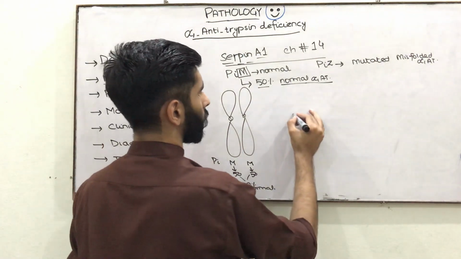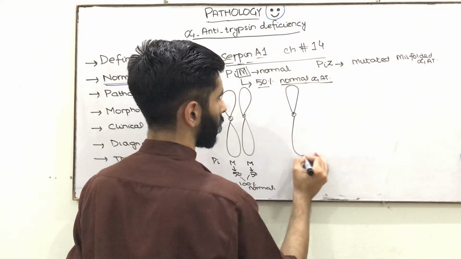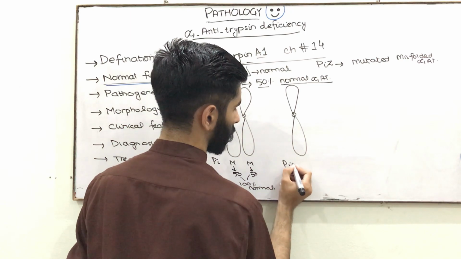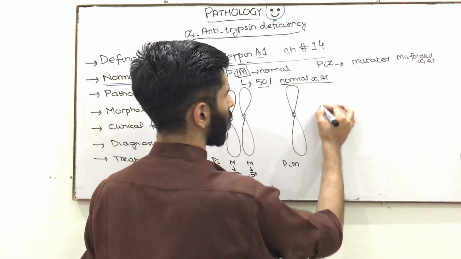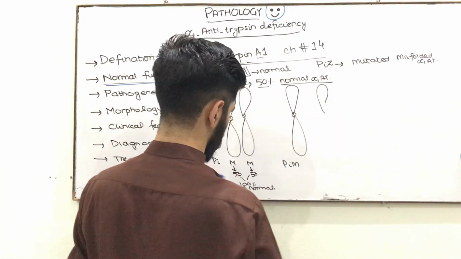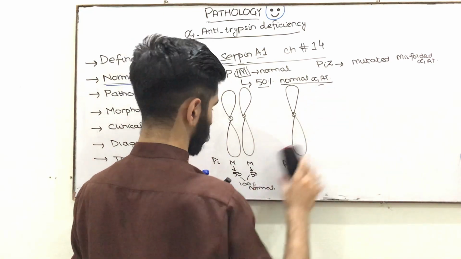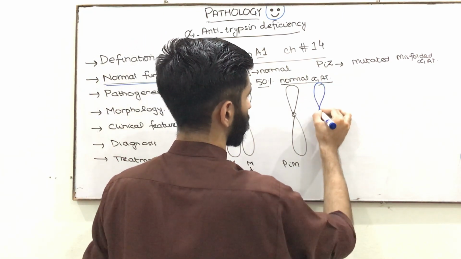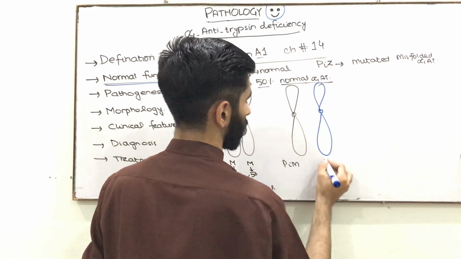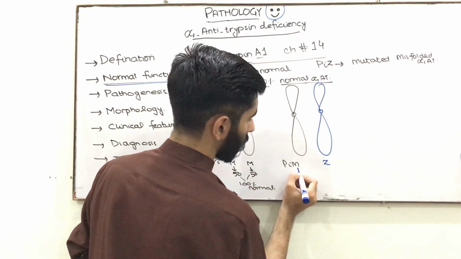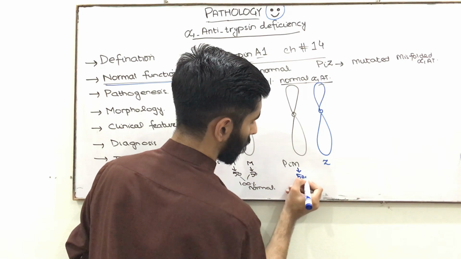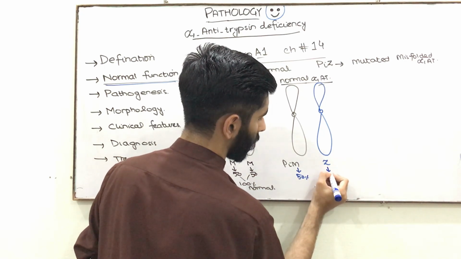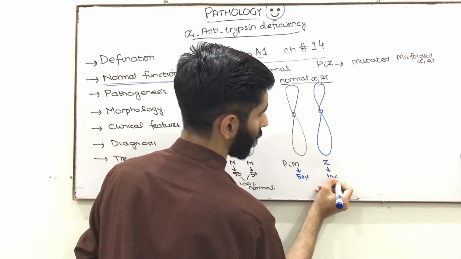If the person has a PiM allele from one parent and PiZ from the other, PiM gives 50% and PiZ encodes for only 10%.